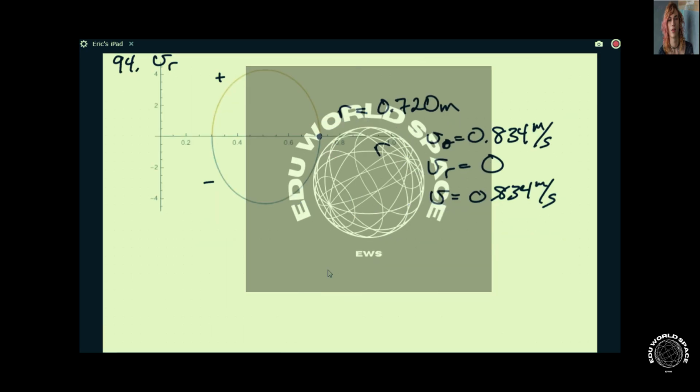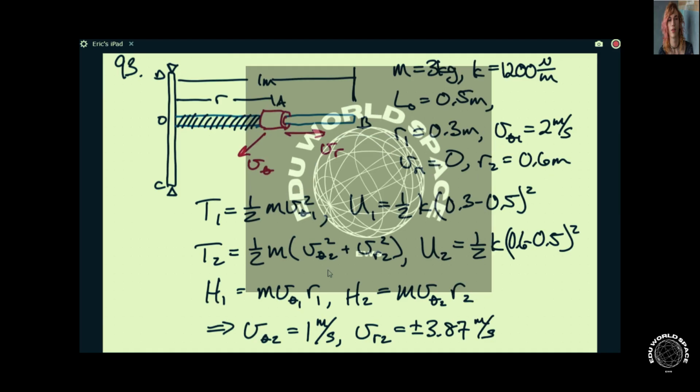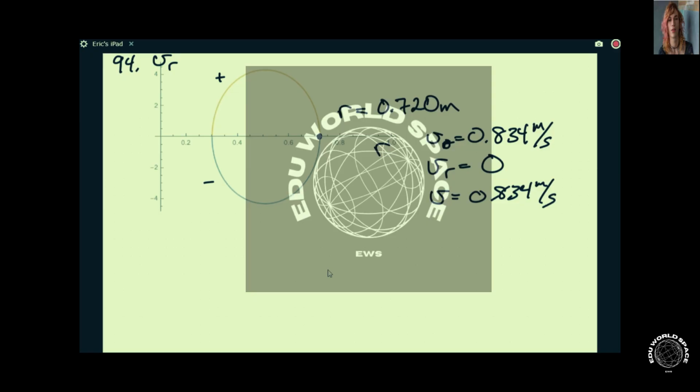But what I did is I just used the computer to solve it, and what we see here is when we plot VR as a function of R. We want VR2 to be 0, but we can let it be a variable, and we can plot what it is as a function of R and see when it goes to 0.